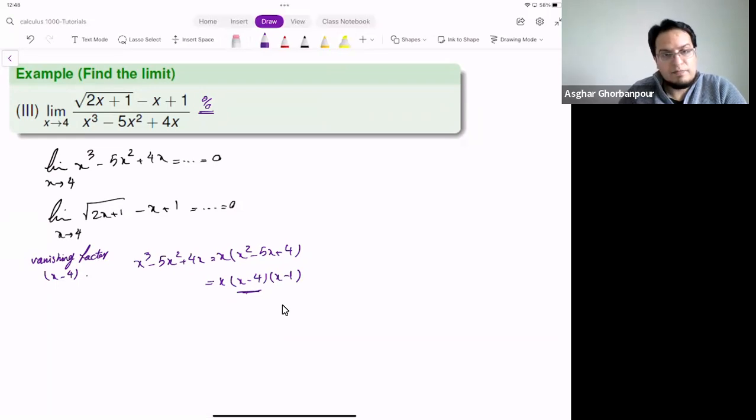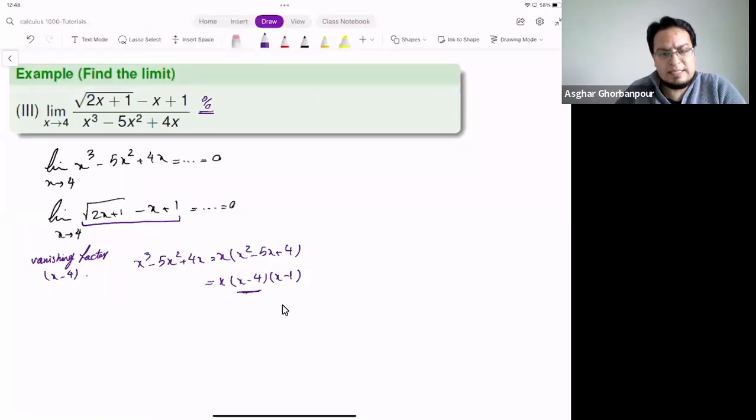But in the numerator, this is not a polynomial. This is one of the cases that is not polynomial, and you have to be able to resolve these kinds of indeterminate forms.